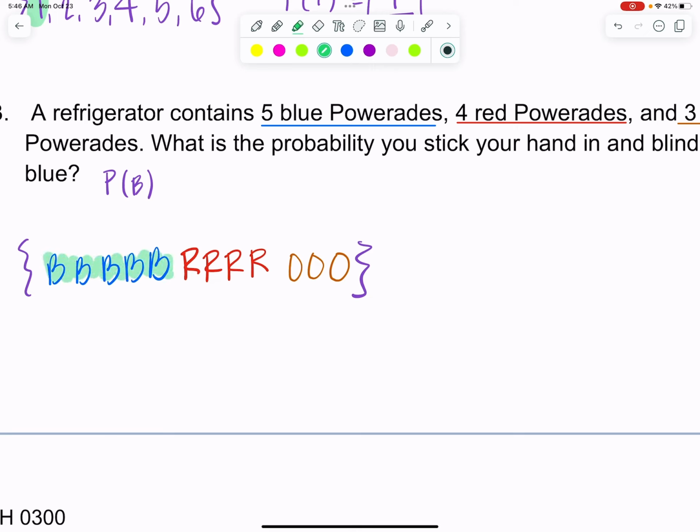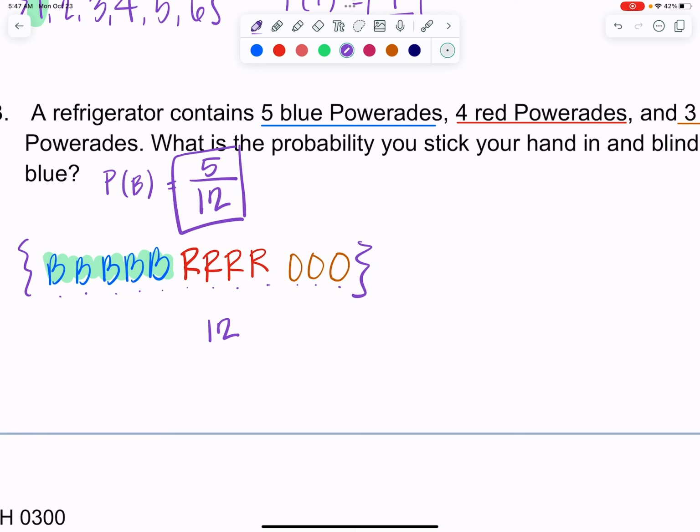I have 5 blue ones to choose from. So I have 5 possible blue ones out of 1, 2, 3, 4, 5, 6, 7, 8, 9, 10, 11, 12 total drinks. So I have a 5 out of 12 chance of choosing a blue one.